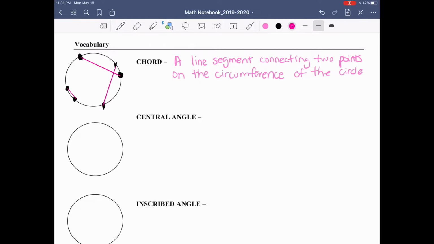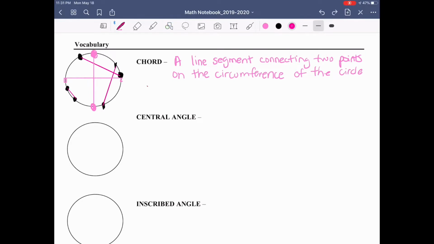There's one type of chord that you guys have dealt with before, which cuts a circle directly in half. And that type of chord, whether it's vertical or horizontal, is called a diameter. Okay, so I'm going to write that down.